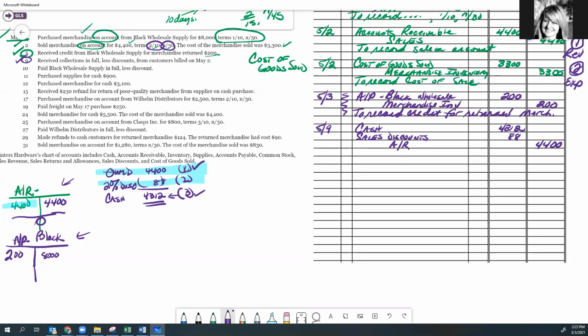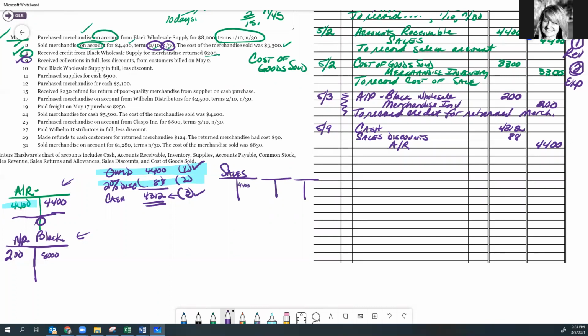Keep in mind that we have multiple accounts for sales. We have the sales account. It's a normal revenue account, and so it has a normal balance of a credit. And in our transaction on May 2nd, we credited sales for 4,400.